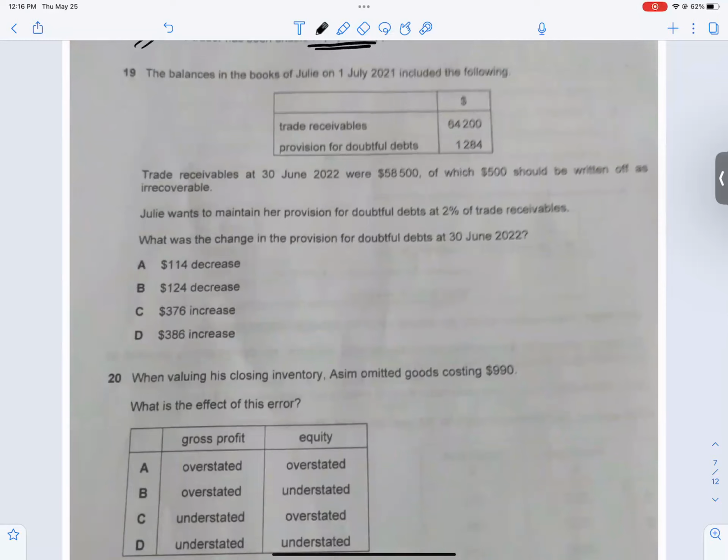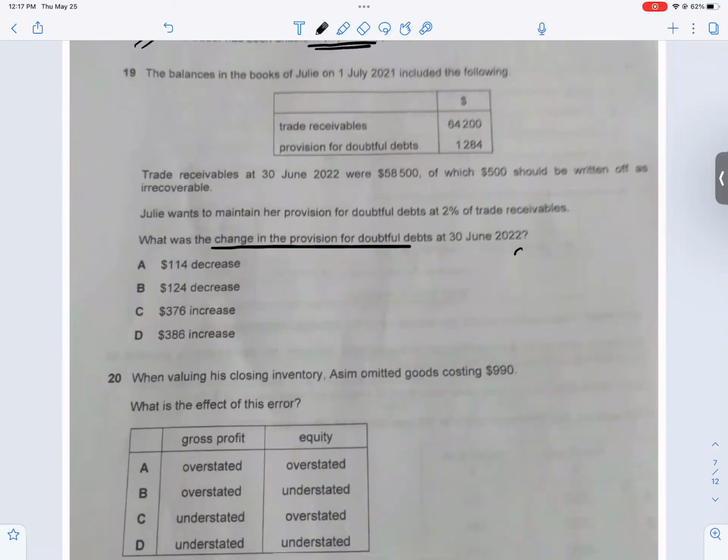19th. The balances in the books of Julie on 1st July 2021 included the following: trade receivables 64,200, provision for doubtful debts 1284. What was the change in the provision for doubtful debts at 30th June 2022?